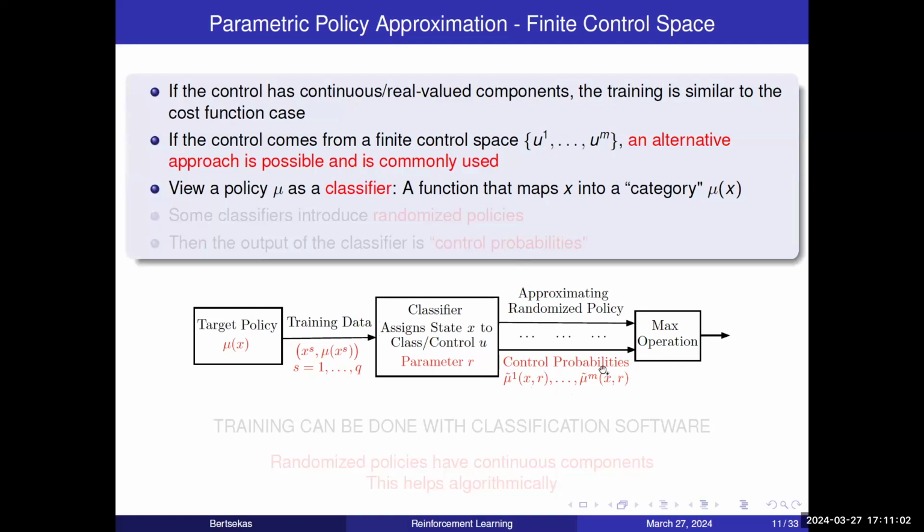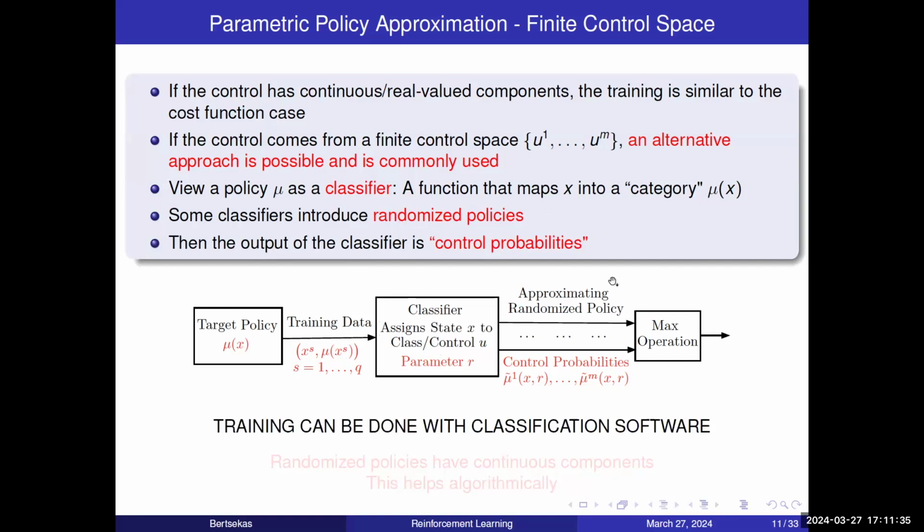And in most cases, we would like to just take the max operation and use the control that corresponds to the biggest probability. Some classifiers have a randomized policy, as we mentioned in the last lecture, in this GPT application. And the output of this classifier would be the control probabilities.